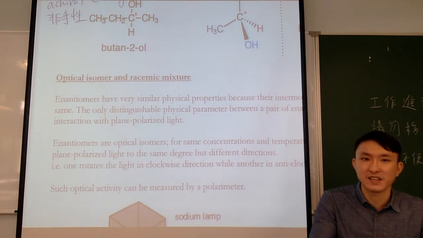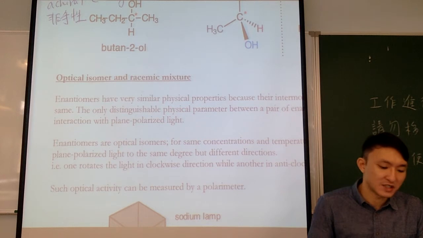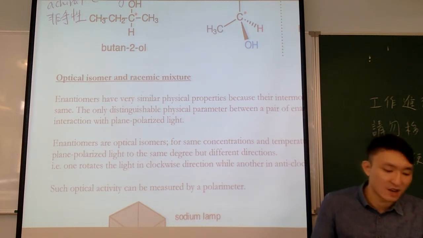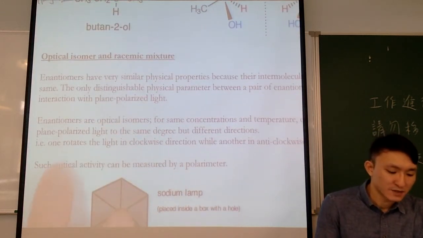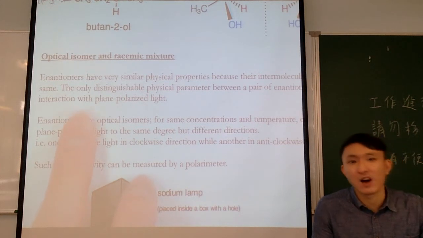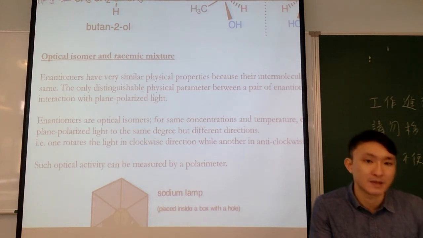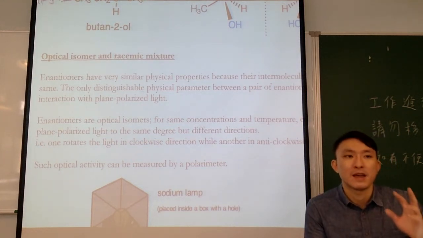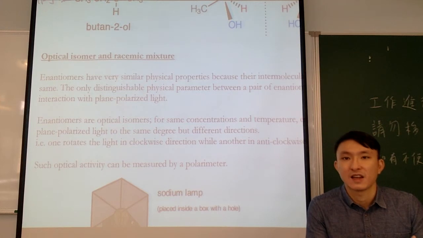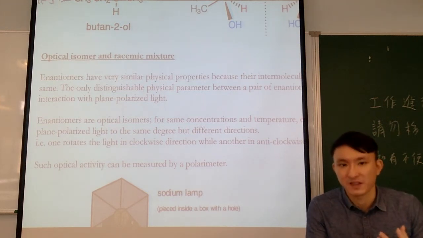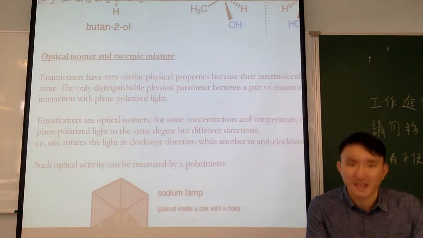For physical property, all the physical properties are the same except for one, which is the optical activity. So, what do you mean by optical activity or optical properties? Optical means light. That means the two enantiomers may respond differently in terms of light.